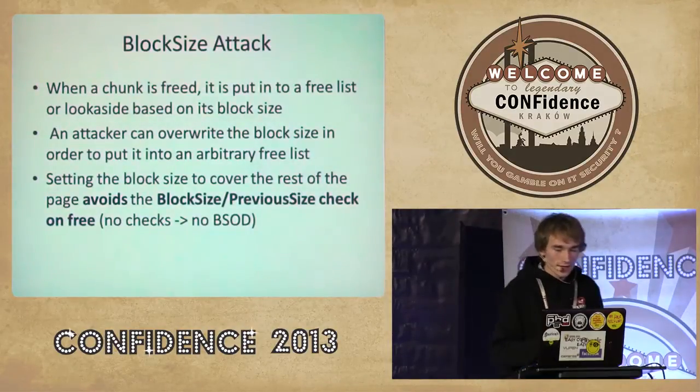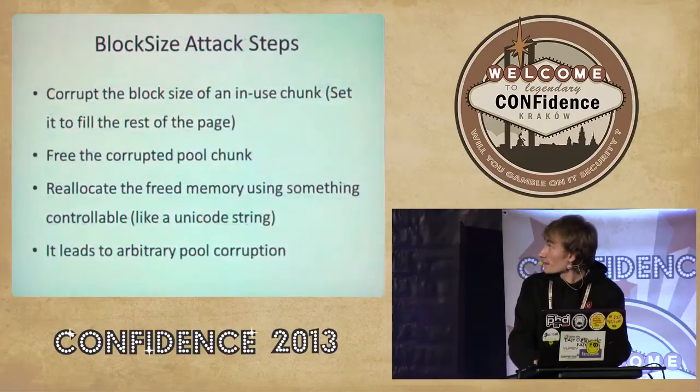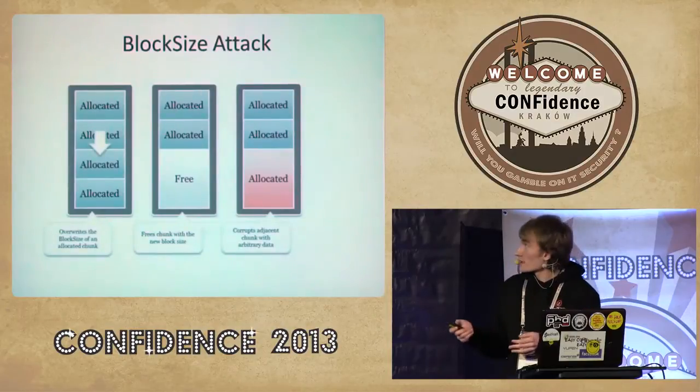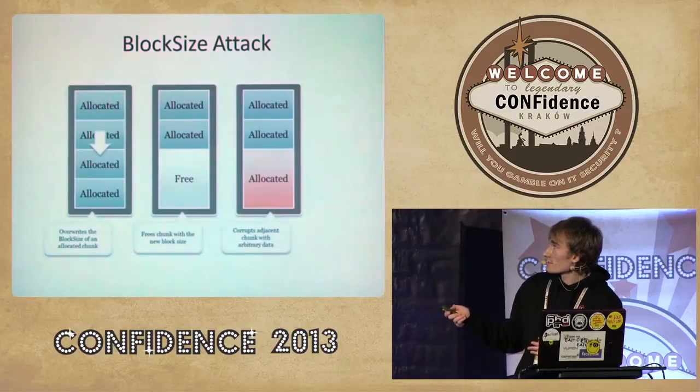And the key point of this technique I can show you in a graphic way. So, for example, you have such a situation. There is a page, and there are 4 chunks. And from this chunk, you overflow these 2 chunks.